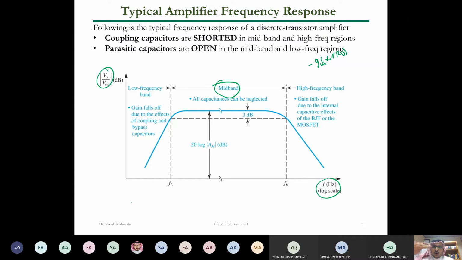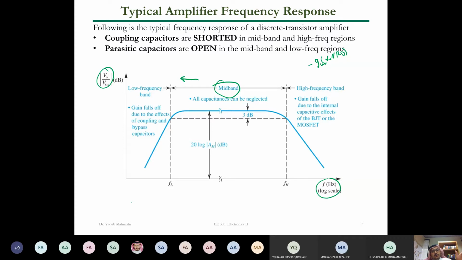But then if you go lower in frequency, going to the left this way, you will see that the gain is decreasing, depending on your circuit. It may be almost constant down to 0, and this is the case with the differential amplifier or the op-amp in general. But let's say we have a single transistor amplifier.